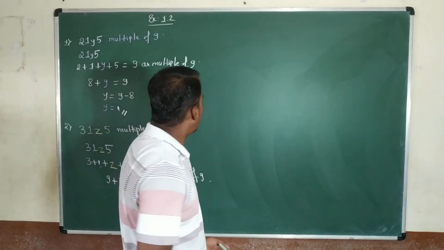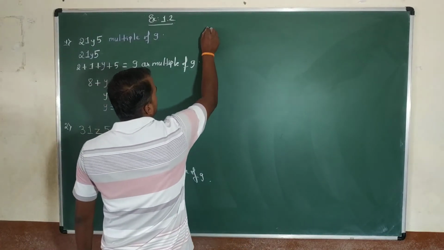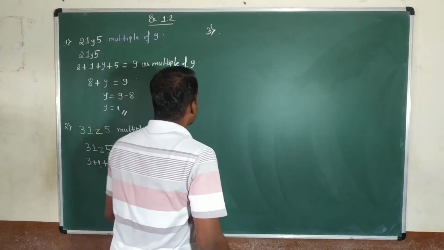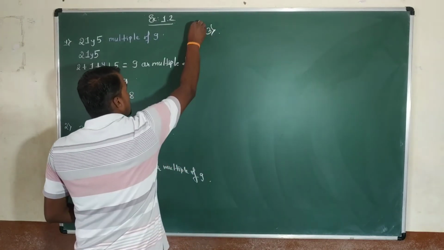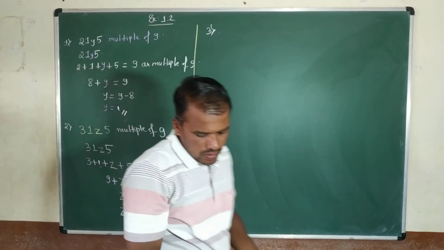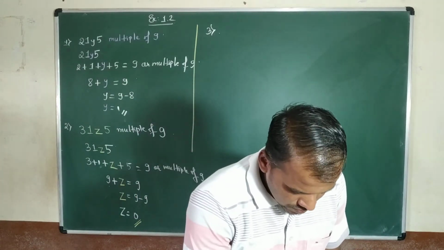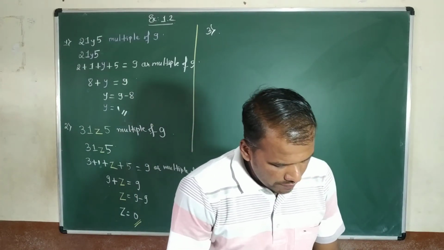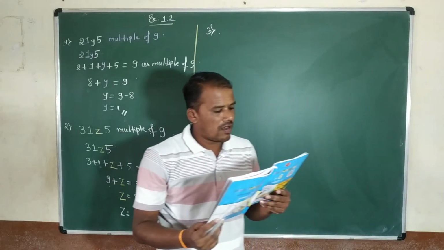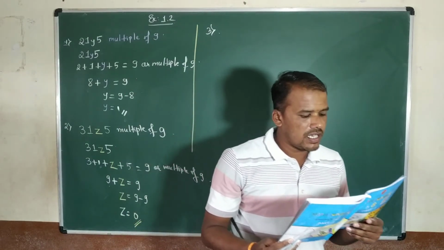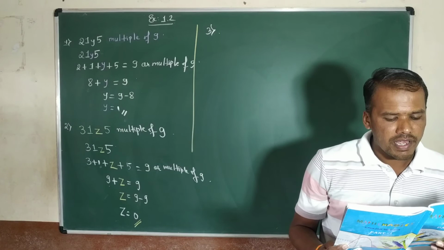Now we came to the next question, third question. If 24x is a multiple of 3, where x is a digit, what is the value of x?